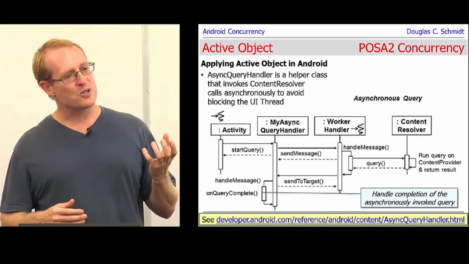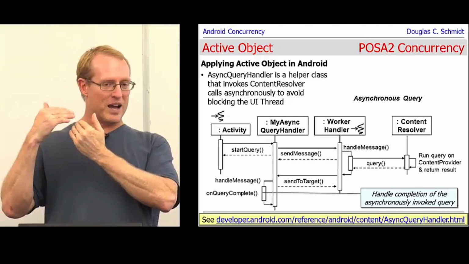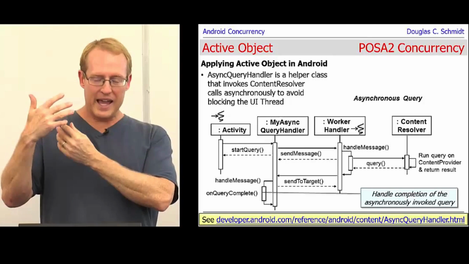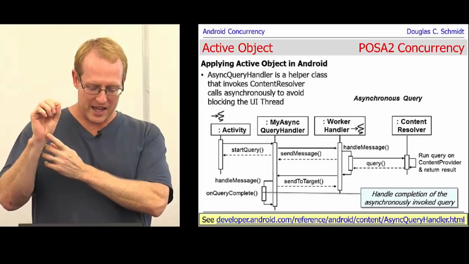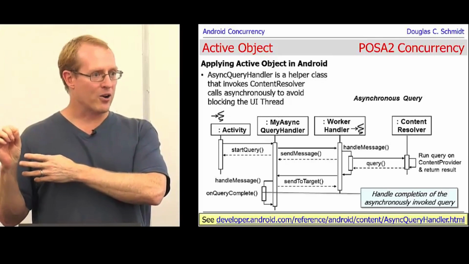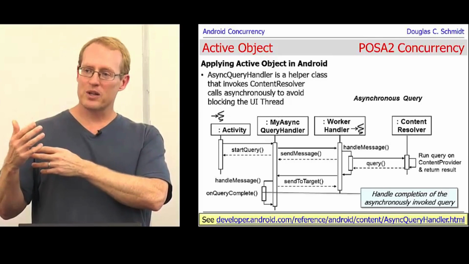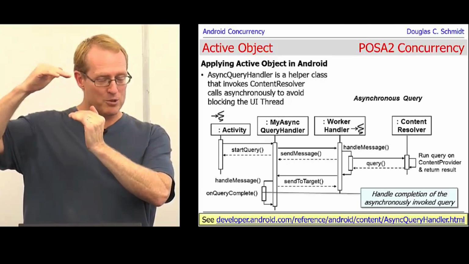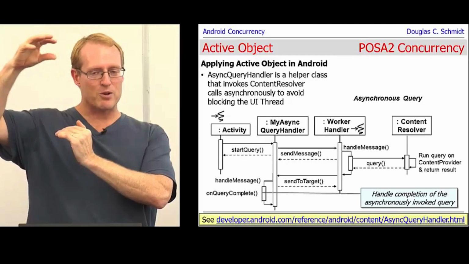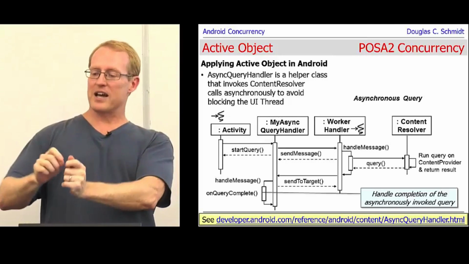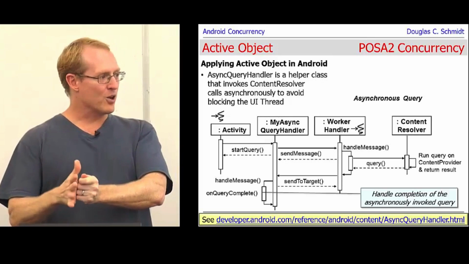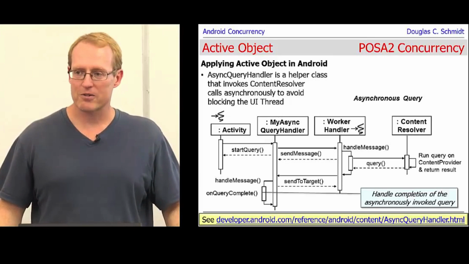That comes back in the activity thread or the invoker thread with an onQueryComplete callback hook. onQueryComplete is an abstract method defined in async query handler. You subclass that, fill it in, and it gets called back after the query has returned asynchronously.